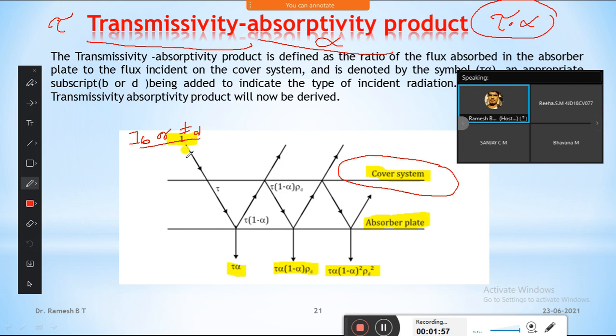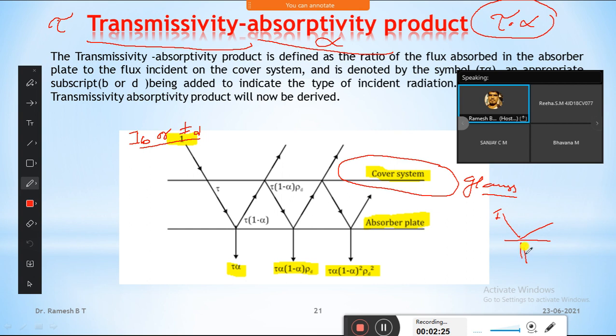It falls directly onto the cover system, which is generally made of glass or any transparent material. At the interface, any radiation falling on it strikes the cover system, and one part is reflected and another part is refracted.